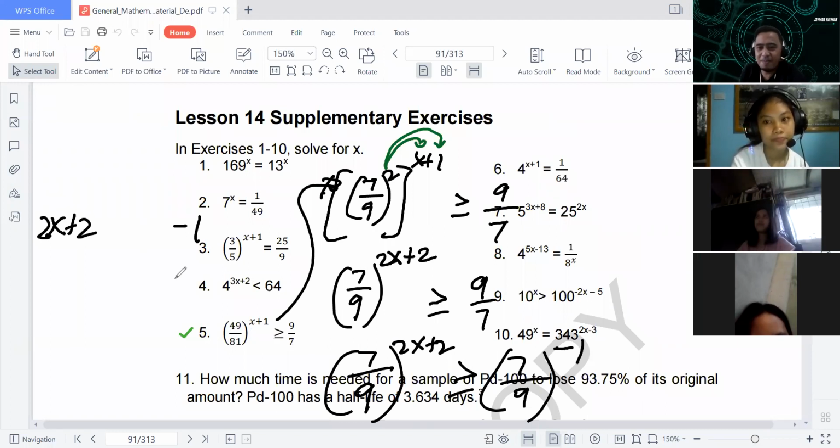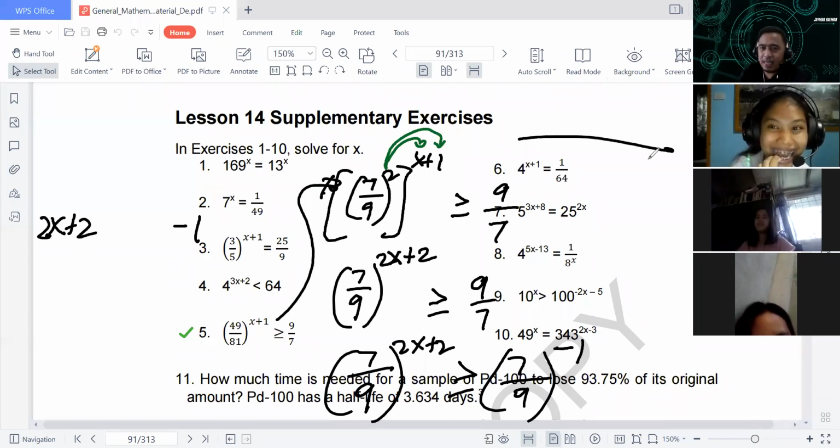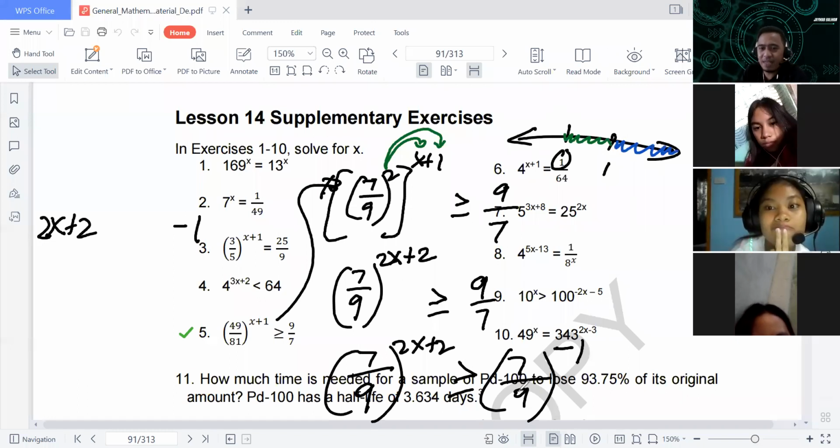What do you think? Now, look at your base. Is it in between 0 and 1, or is it greater than 1? What is your base in this class? It's 7/9.